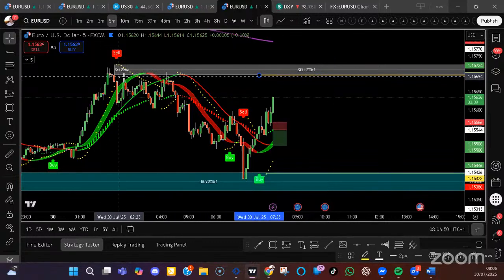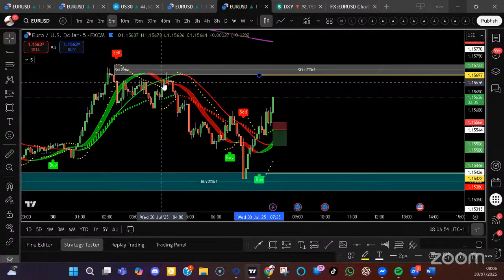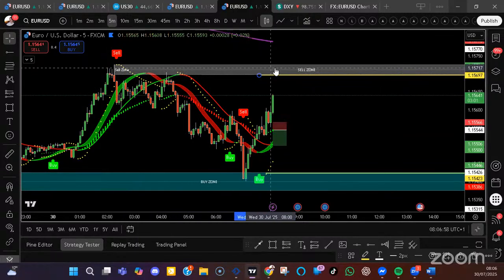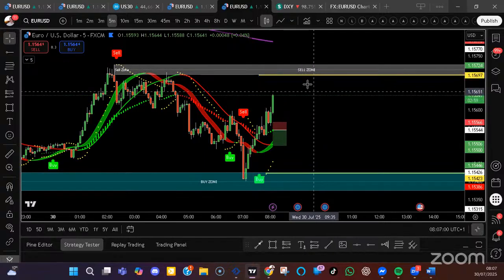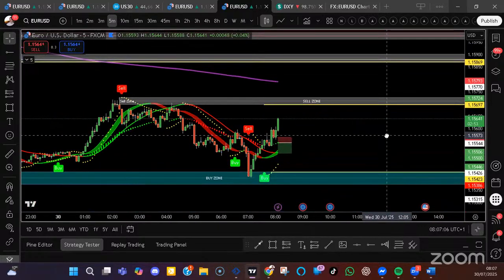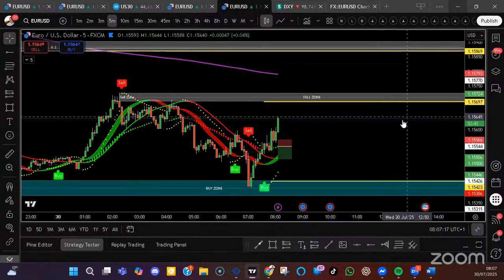This is a significant area, obviously, because it's been around there. So is it going to go and take more orders in this sell zone here? I hope so, because then it'll give us even more confidence when we do get our sell alert.